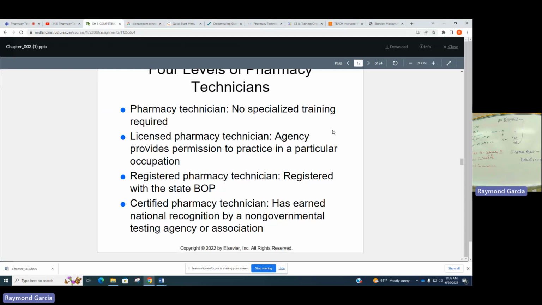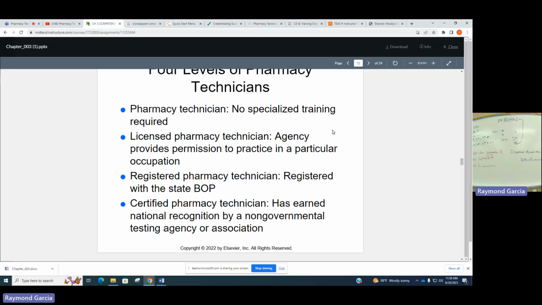Then you got a registered pharmacy tech, which is registered with the state board. So once you pass your certification, you'll register with the state board. Certified pharmacy technicians has earned national recognition by non-governmental testing agency. So you'll get your certification, which is certified by the non-governmental testing agency first, and then you'll go to the website of Texas State Board to show that you passed it, and you'll enter your information on there as well, and then you'll be registered.